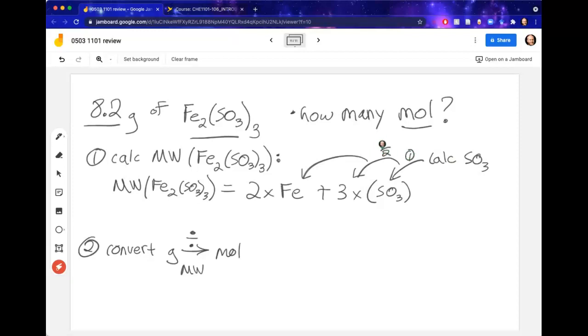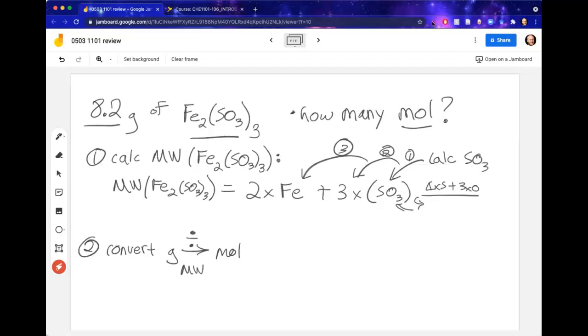So this is how I think about this particular molecular weight. The same would apply for the compound in the chat as well, calcium phosphate. You could apply the same technique there. So in this case, we're going to have 1 times the sulfur plus 3 times the oxygen. And that's going to be, I don't know, 80 or so.